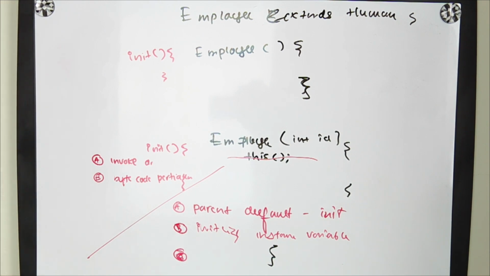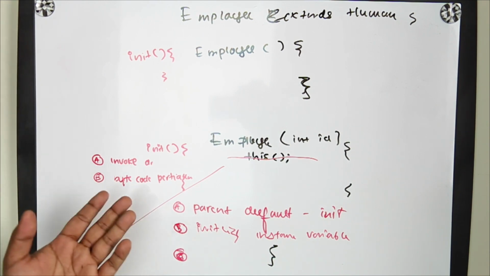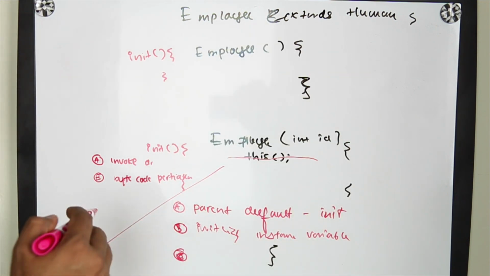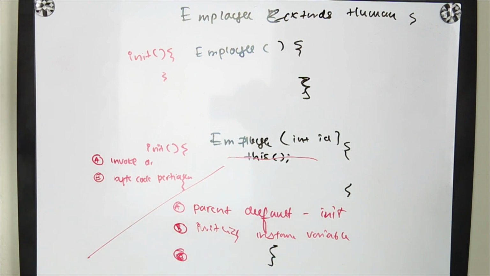So what is inside this init method depends on your class structure. But the rule is, there can be three kinds of code in this init method.